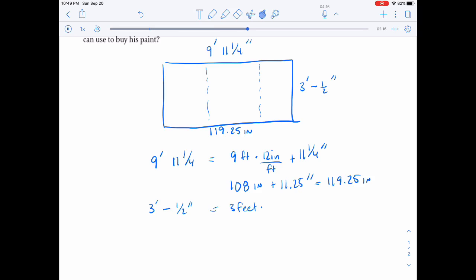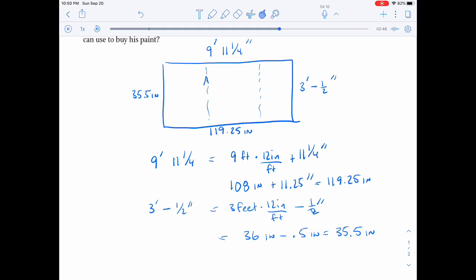So 3 feet times 12 inches per foot minus a ½ an inch, which is equal to 36 inches minus 0.5 inches, equaling 35.5 inches. Let's go ahead and put that along the left-hand side width. So we have 35.5 inches.